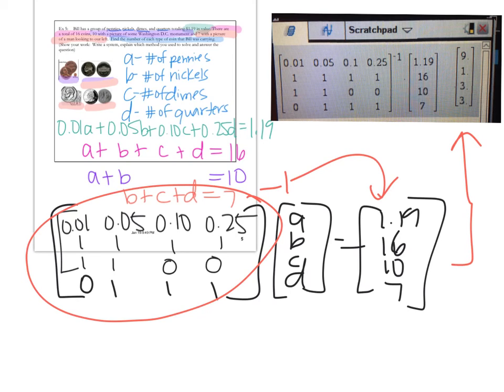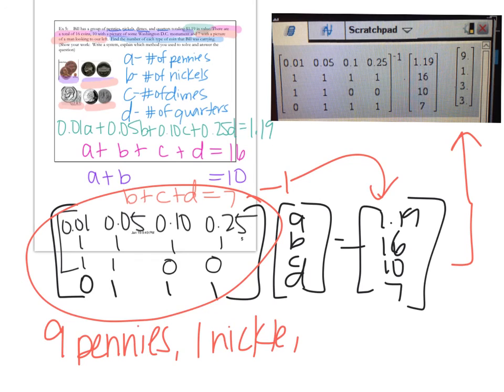So that tells me, that answers my question. It tells me A, B, C, D in order. So that tells me there's going to be 9 pennies, 1 nickel, 3 dimes, and lastly 3 quarters.